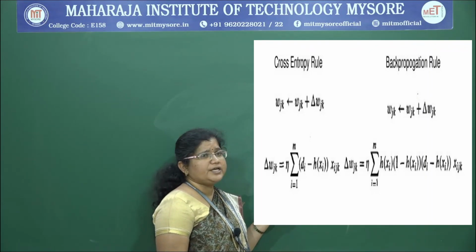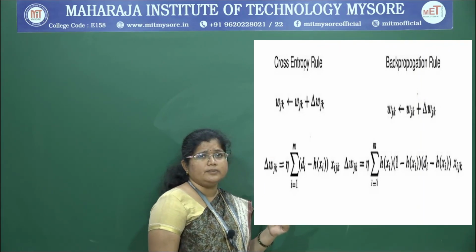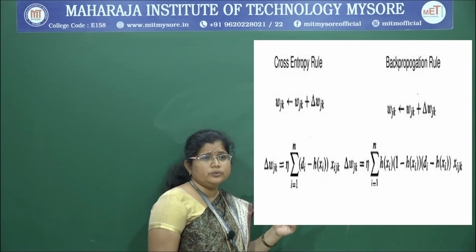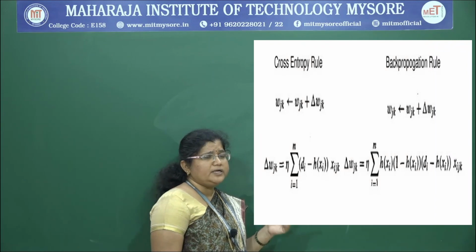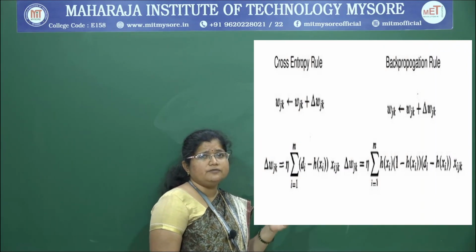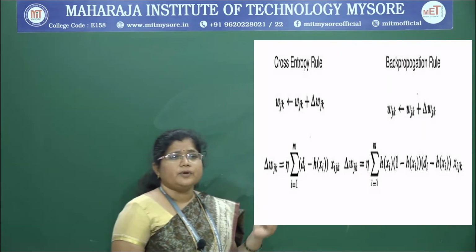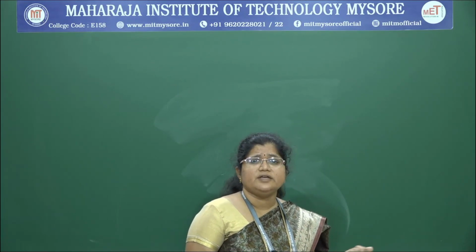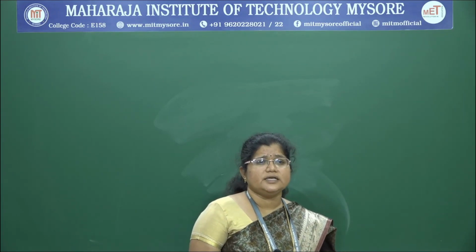According to this, w_jk is equal to w_jk plus delta w_jk, where delta w_jk is equal to eta, the learning rate, times the summation of i equal to 1 to m of (d_i minus h of x_i) multiplied by x_ijk. So, from this equation we can obtain the maximum likelihood hypothesis by having a gradient ascent search instead of a gradient descent search.